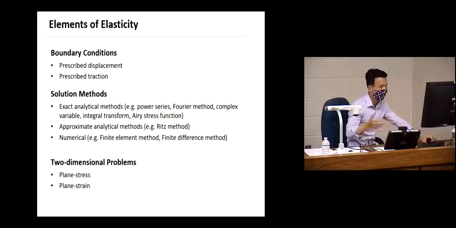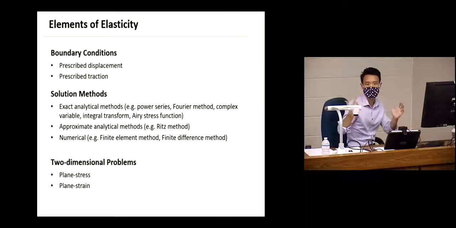We're going to dissect the structure or material into a large number or collection of small elements. Now, in each of these small elements, we can approximate the strain field with simple functions, because we only require them to work as a good approximation in a small region, as opposed to looking for an analytical function that can describe the strain field in the whole structure.